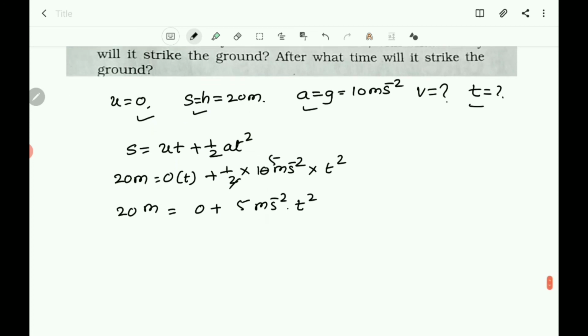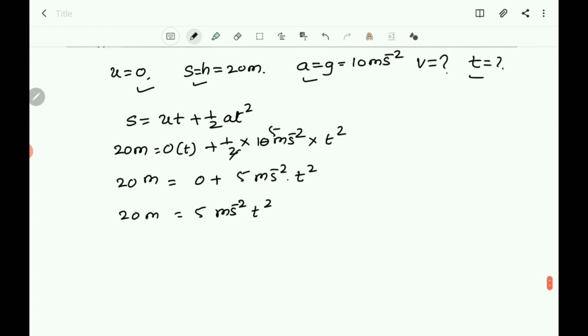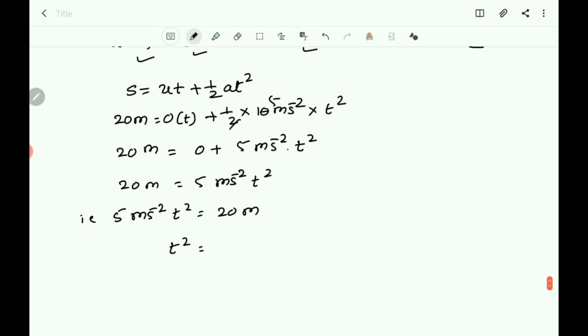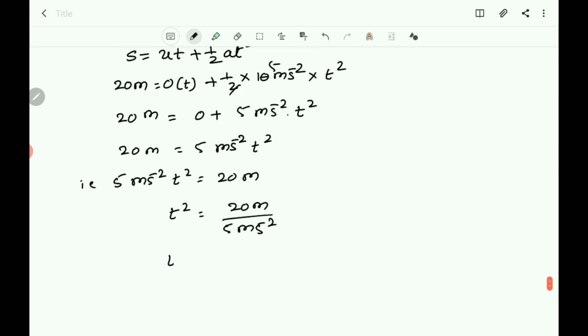So here interchange LHS and RHS. Before that, 20 meter is equals to 5 m s to the power of minus 2 into T square. Now you interchange LHS and RHS, that becomes 5 m s to the power of minus 2 T square is equals to 20 m. Then T square is equals to 20 m by 5 m s to the power of minus 2. So it cancels here, 5 fours are 20.